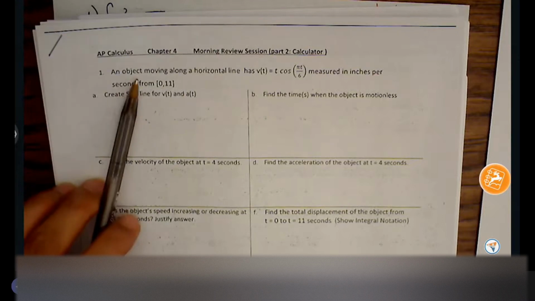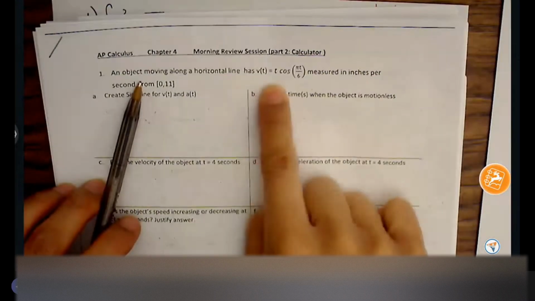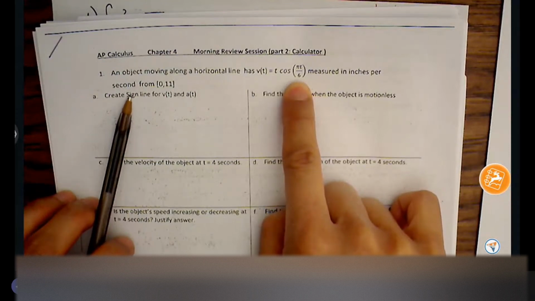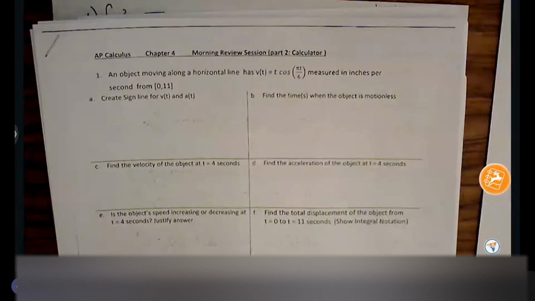It says an object moving along a horizontal line has a velocity function t cosine of pi t over 6, measured in inches per second from 0 to 11.